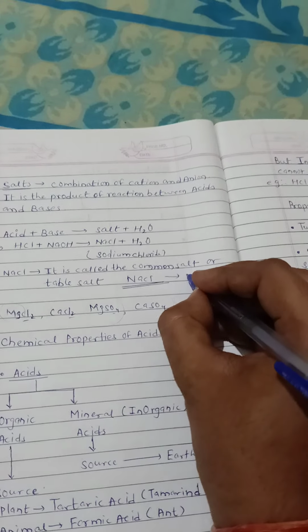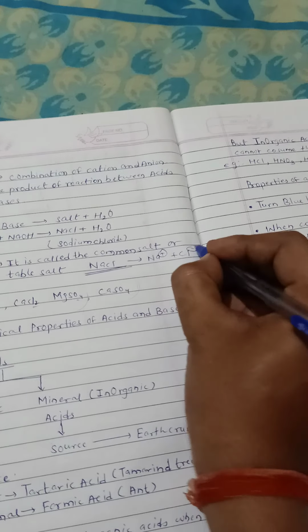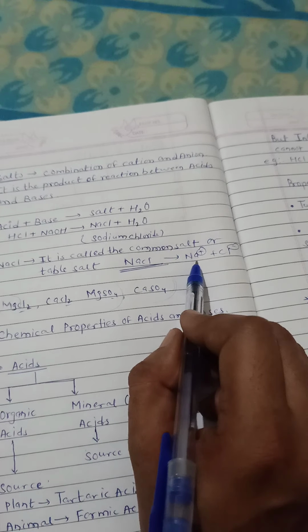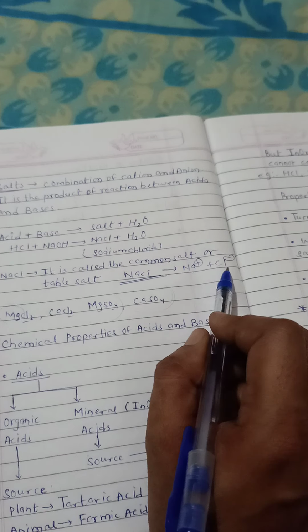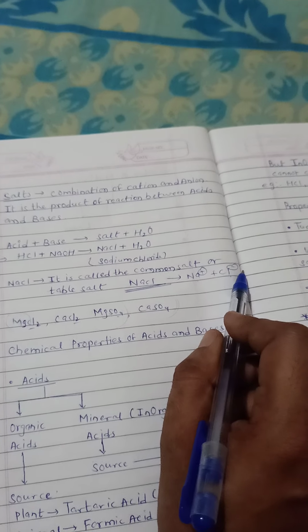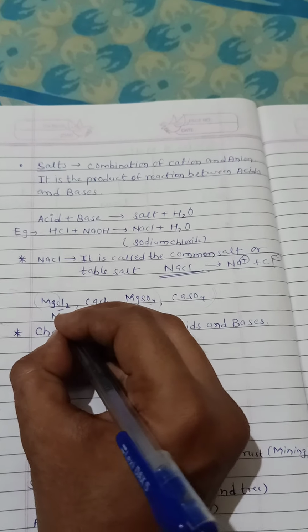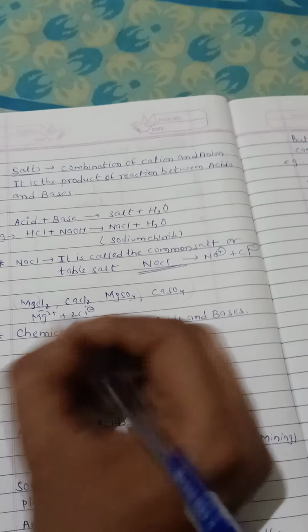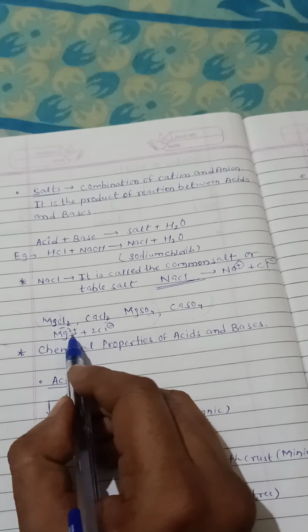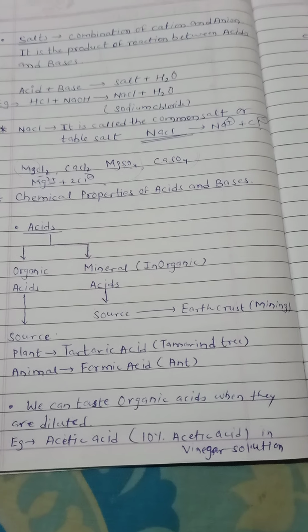When sodium chloride gets dissociated, it will form Na+ and Cl-. So here you will get two charges, one positive and one negative: the positive charge is the sodium cation, and the chloride ion is the anion. Similarly, if this breaks, it will form Mg2+ and 2Cl-. Okay, so this is the cation and this is the anion. I hope you have understood the things.